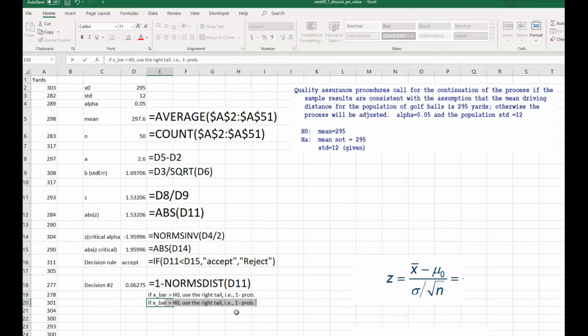If x bar is less than H0, use the left tail, i.e. the probability itself. So this is a very, very important principle.